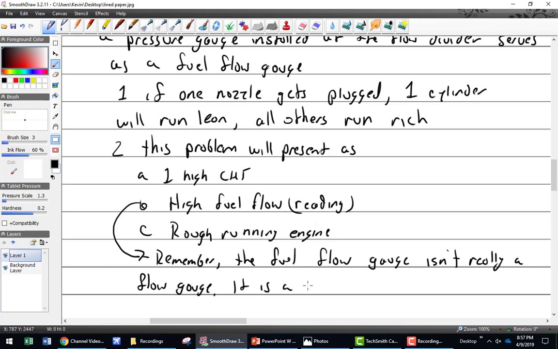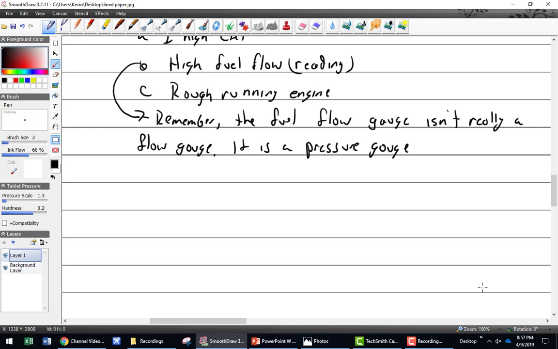It is a pressure gauge that is calibrated to read pounds per hour, when everything's working correctly, at proper setup.